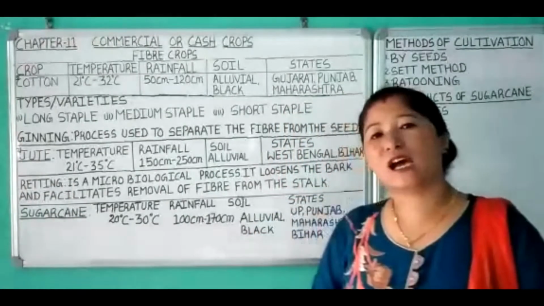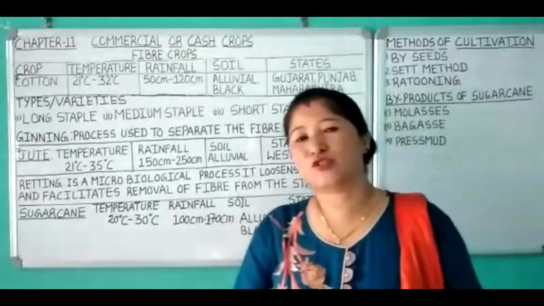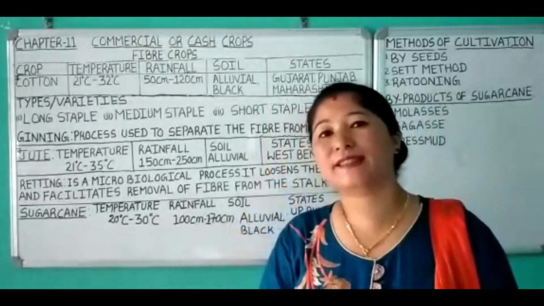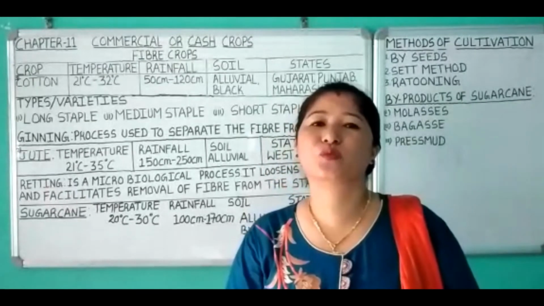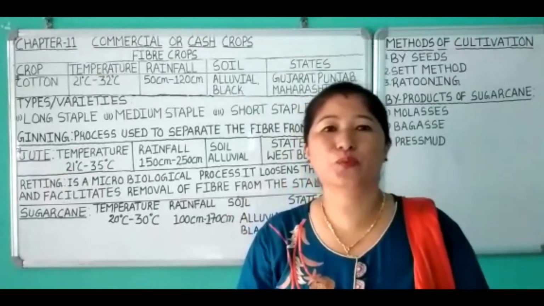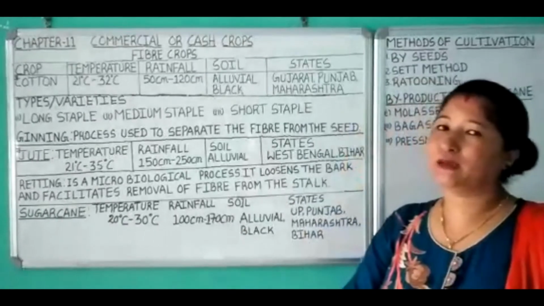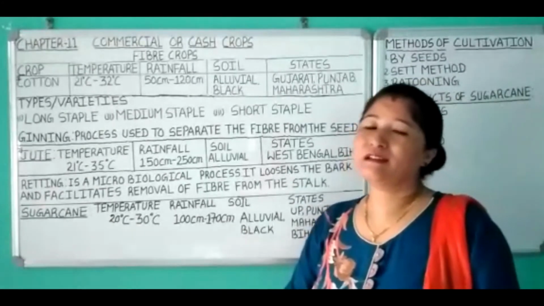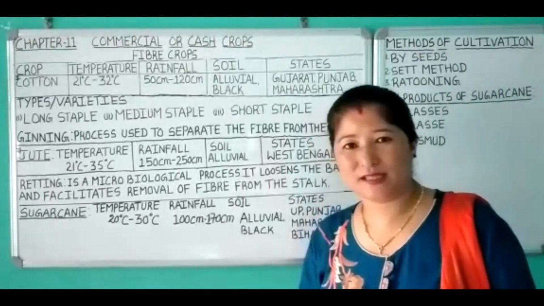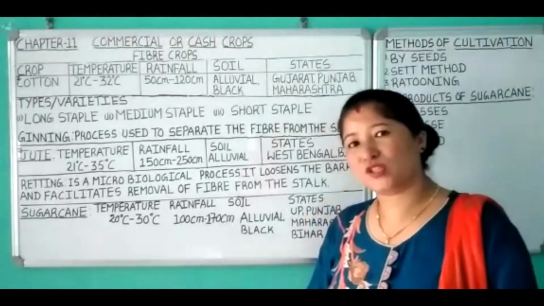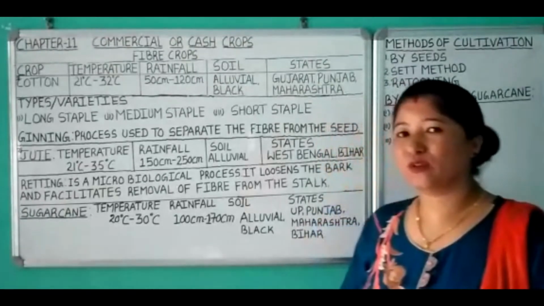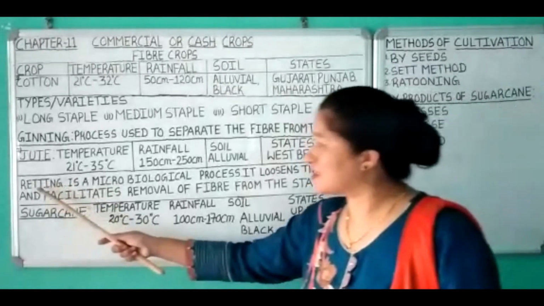So after harvesting, the jute are made into bundles, and then they are submerged in water for 2 to 3 weeks. After 2 to 3 weeks, the bark becomes soft and the inner fiber can be removed easily. So for this, plenty of water is required. So that is the retting process.